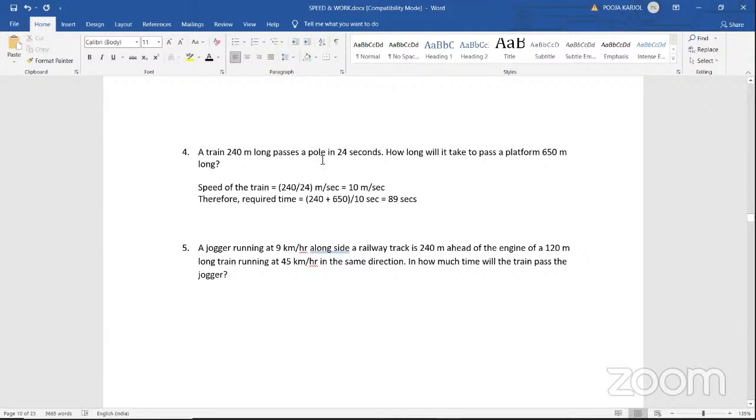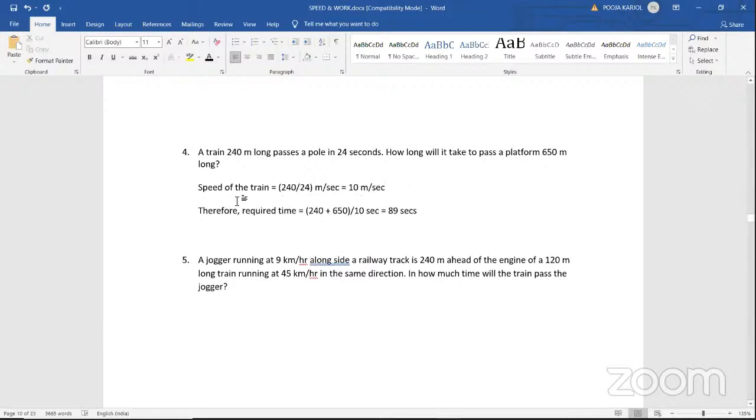The pole has no length, nor does it have speed, so you can use it to find the speed. 240 by 24 meter per second will give you 10. So the speed of the train is 10. Then required time to pass a platform of 650 meters will be length of the train plus length of the platform by speed of the train, which is 89 seconds.